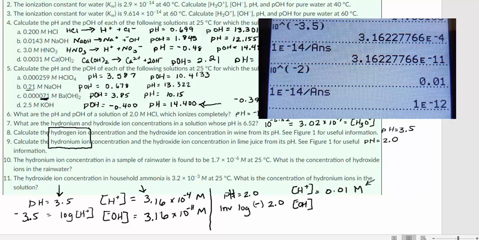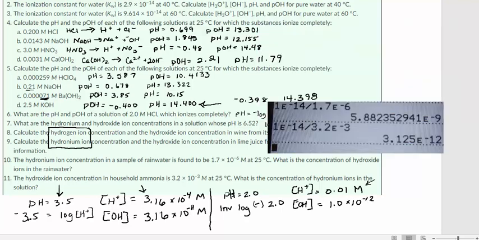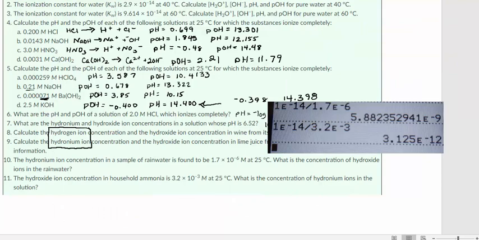Number 10, the hydronium ion concentration of a sample of rainwater is found to be 1.7 times 10 to the negative 6. What's the concentration of hydroxide ions? Again, we're going to be using this water constant expression. So if I have hydronium, I can find hydroxide, and that's by using Kw.